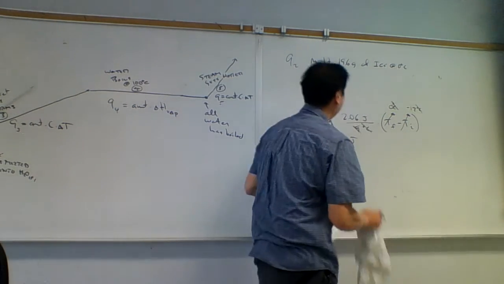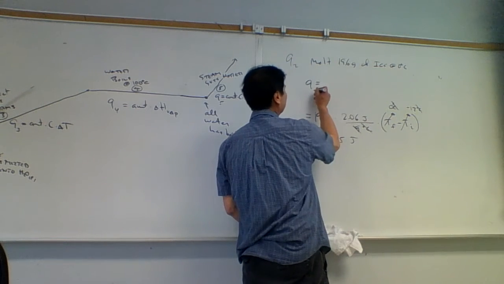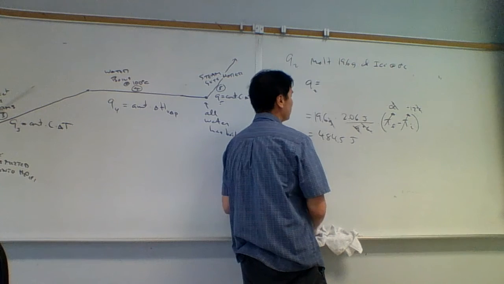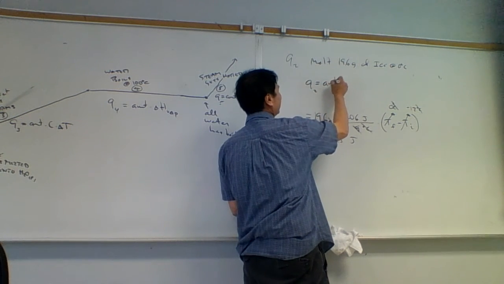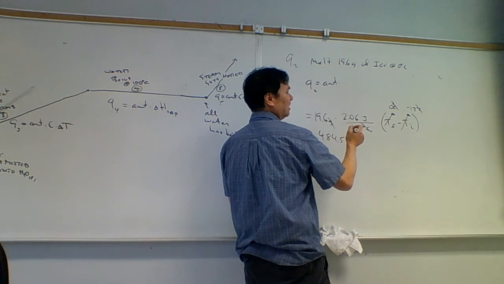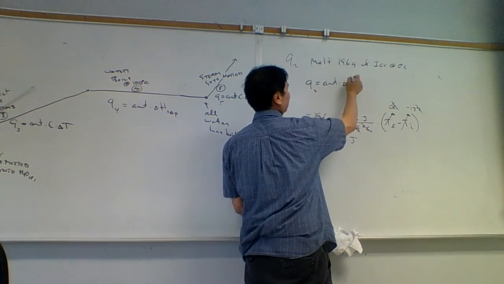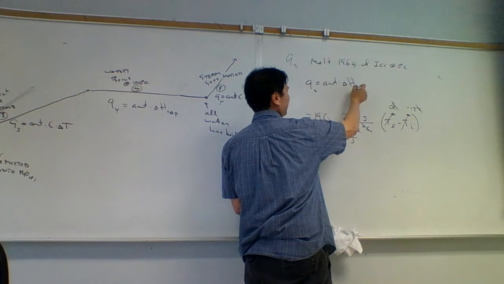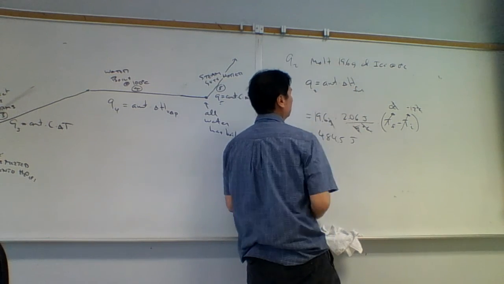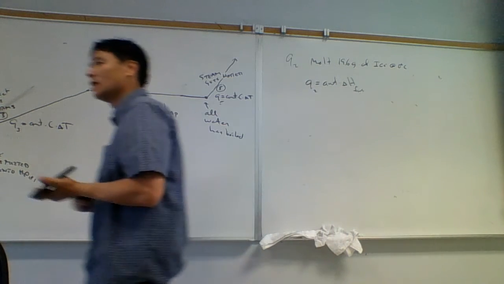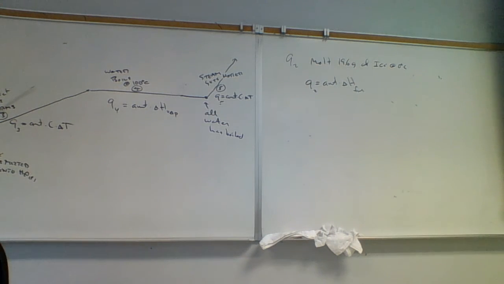All right, so Q2, in order to melt ice, that's a process. So it's going to equal the amount times delta H of, what's the process? Fusion. So I need delta H of fusion. So I go back to the table and look it up. You don't have to have any of these numbers memorized.